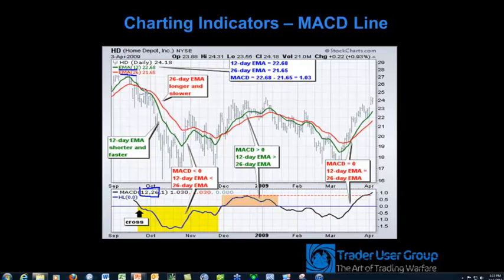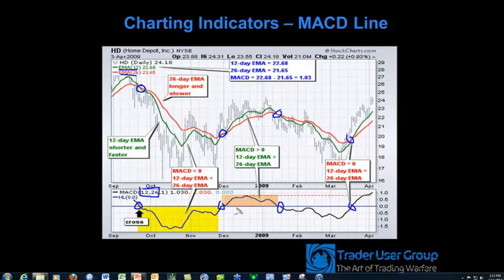And you're seeing that when the 12 EMA goes below the 26 EMA, the MACD line goes below the zero line. When the 12 EMA goes above the 26 EMA, the MACD line goes above the center line. And you can see every time that you've had those crosses, you have the corresponding cross in the center line.